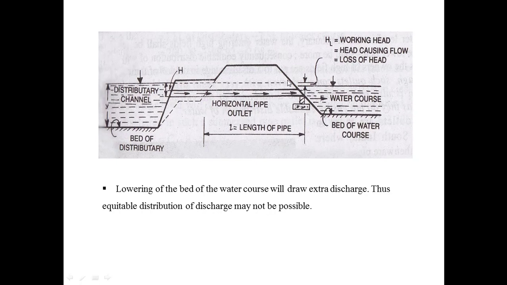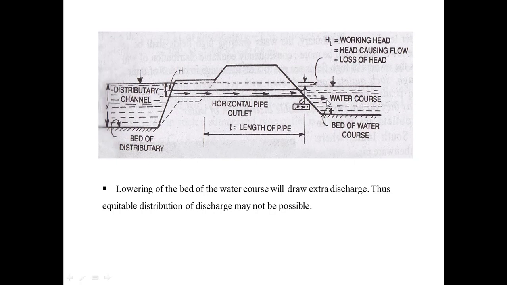As you can see in the figure, this is the total working head which is provided in order to move the water from the distributary channel to the water course.